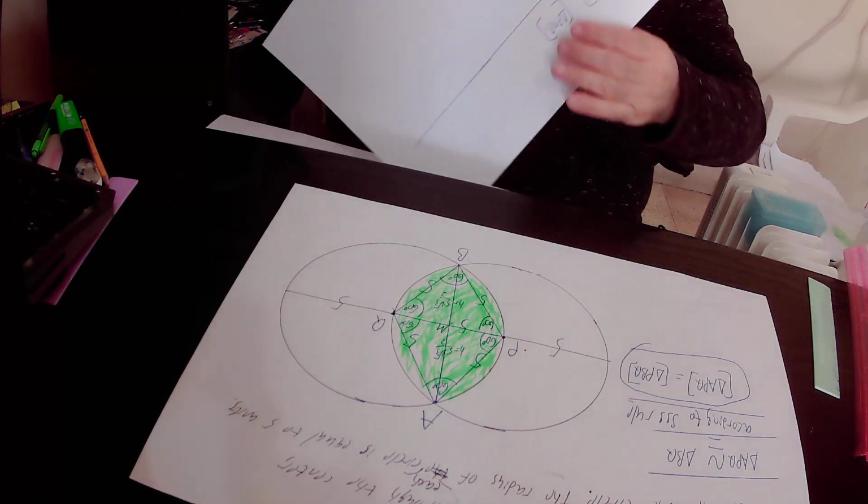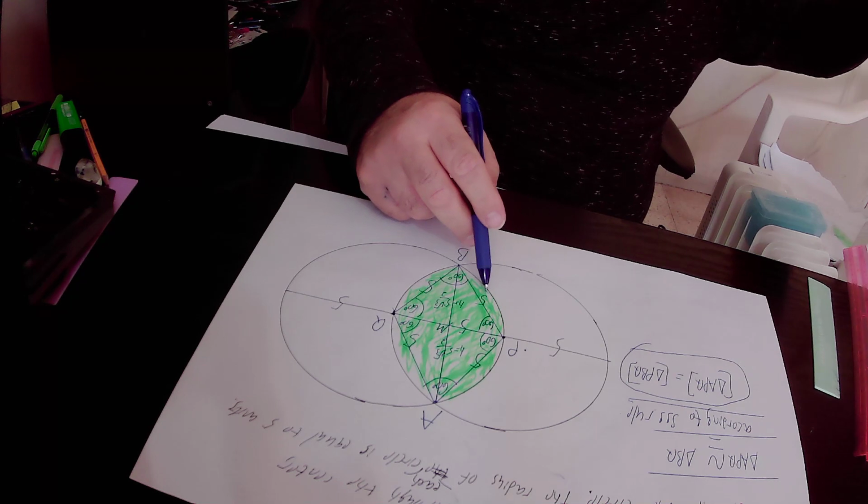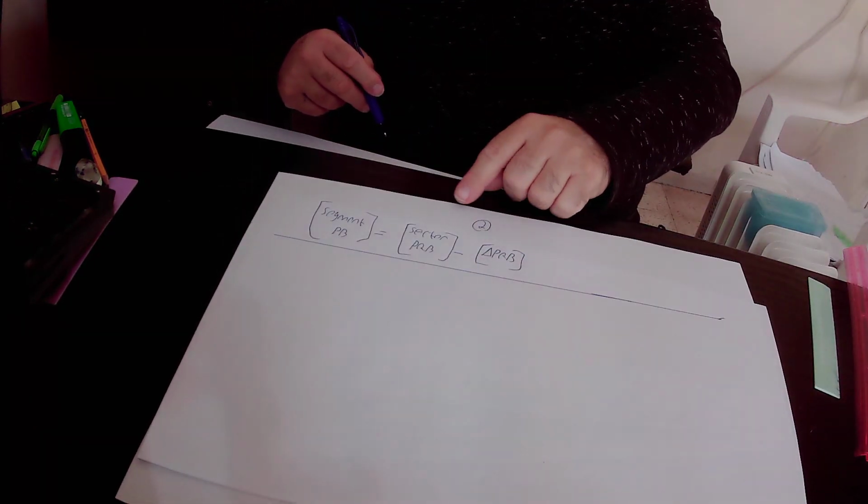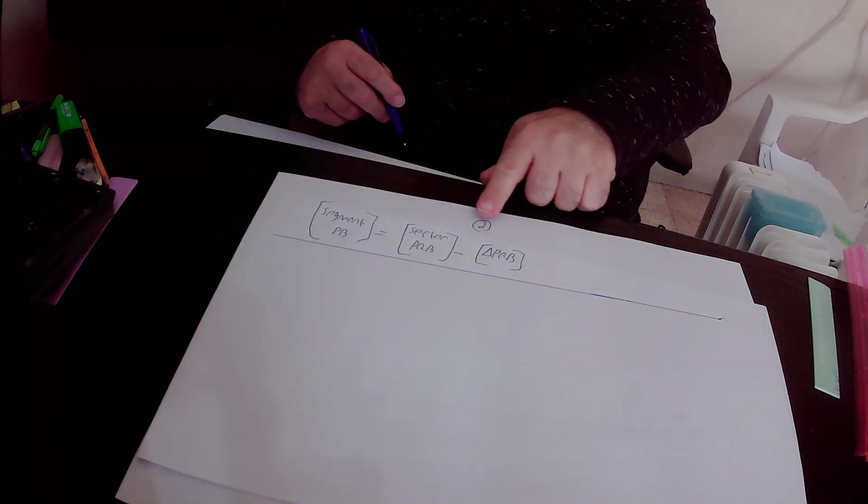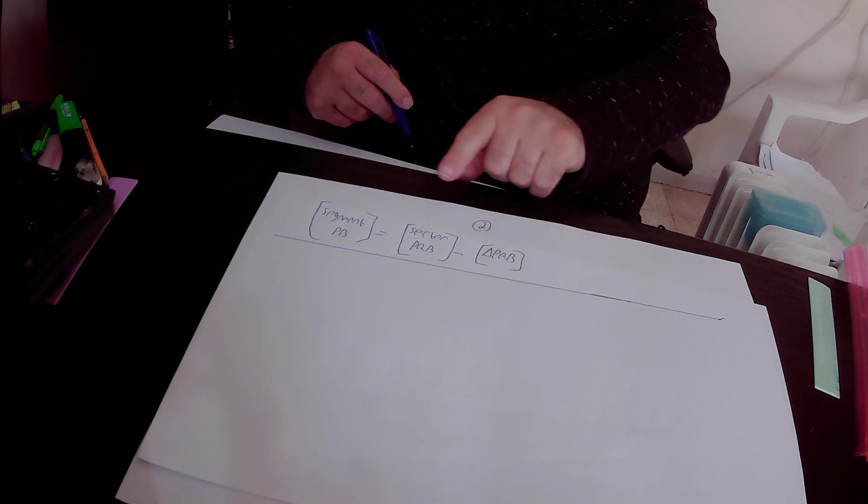I repeat again, the area of segment PB equals the area of sector PQB minus the area of triangle PQB.